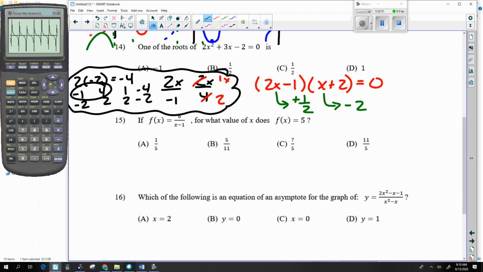What I've had kids do in the past is this. They write down the problem, and then they do whatever backwards way of doing it. Like they'll say, oh, this is x squared plus 3x minus 4, or something like that. They'll do something weird like that. And no, that's not correct.